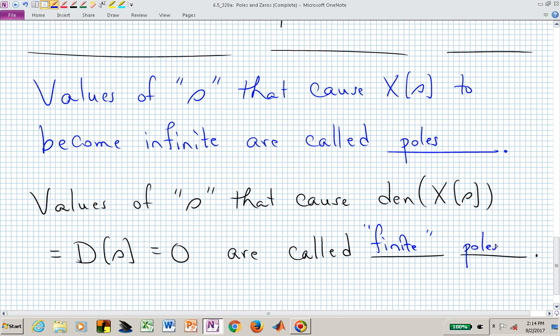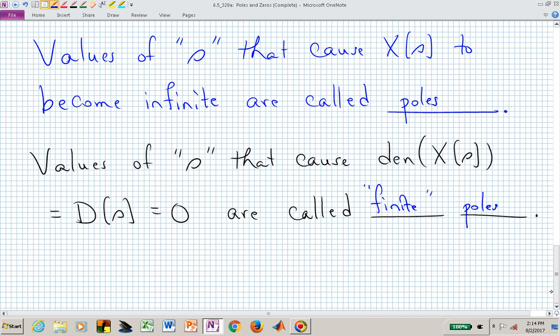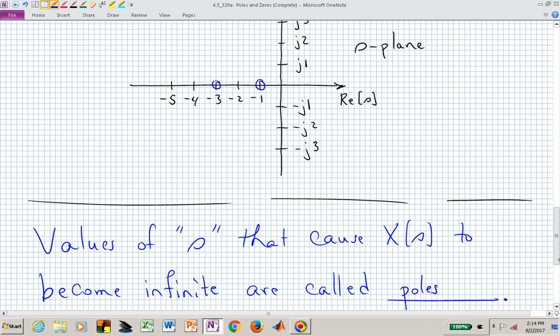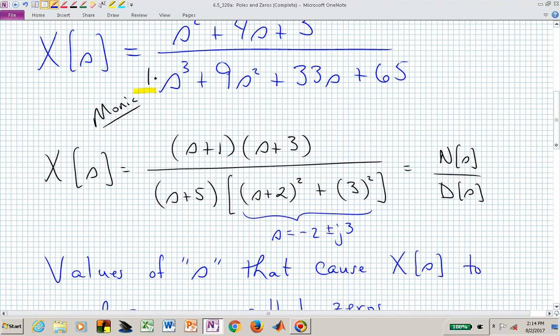But typically, if I leave off the adjective, I'm usually referring to finite poles and finite zeros, and I may just denote those as poles and zeros. If we find values of s that cause capital X of s to go to infinity, those are the values of s that cause the denominator to equal 0. You should be able to see that we now have 3 of those since we have a third order denominator.